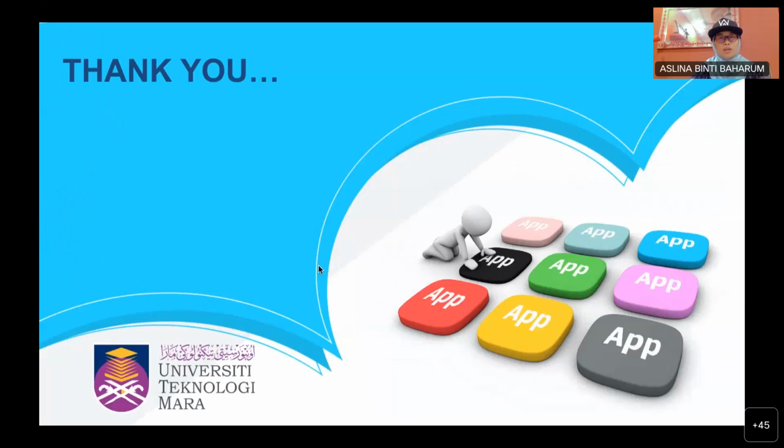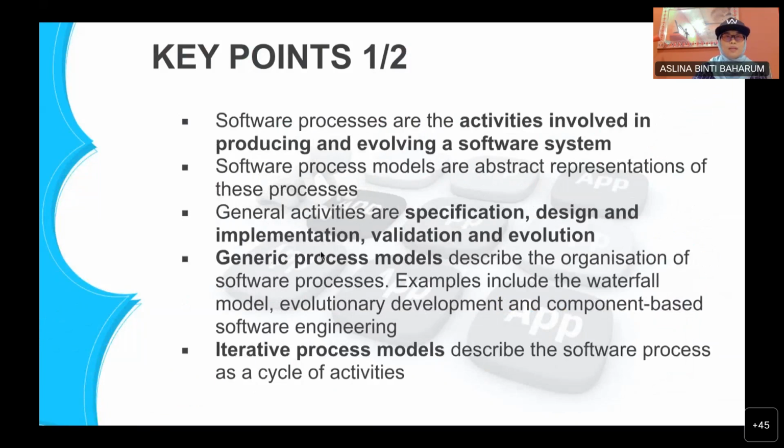Again, you need to know the definition of software process, and the generic process, the one I put in the quiz. And the general activities outline is normally similar. Just what model or approach you choose, and why. You need to have the justifications.